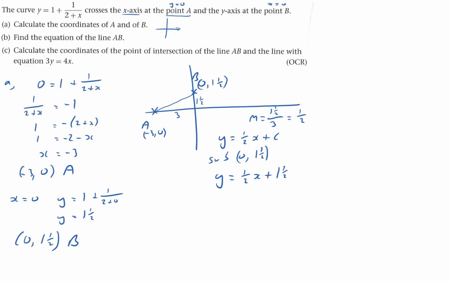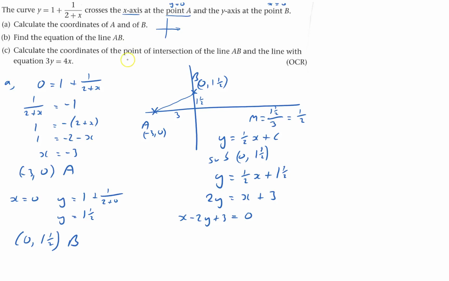I could leave it at that, but I'm going to times through by 2 to get 2y equals x plus 3, and then get everything onto the left-hand side. So x minus 2y plus 3 equals 0. And that's the equation of the line AB.